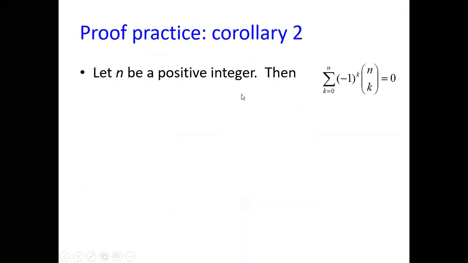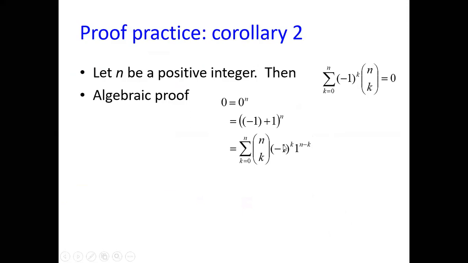Proof: the summation from k equal 0 to n of minus 1 to the power k times combination n k must be equal to 0. Algebraic proof: 0 equals 1 minus 1 power n. Here we will use the summation equation of coefficients. We use it as the summation of combination n k times x power k y power j.